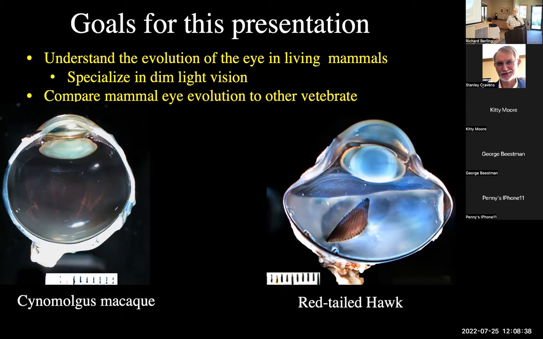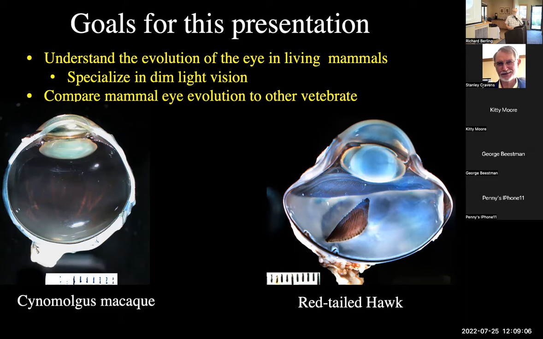And you can see that, just looking at it, there are some differences. I'm going to categorize some of the major differences between mammal eyes and bird eyes, and virtually every feature that I'm going to mention is more sophisticated, more complicated, more functional in the bird eye compared to the mammalian eye.